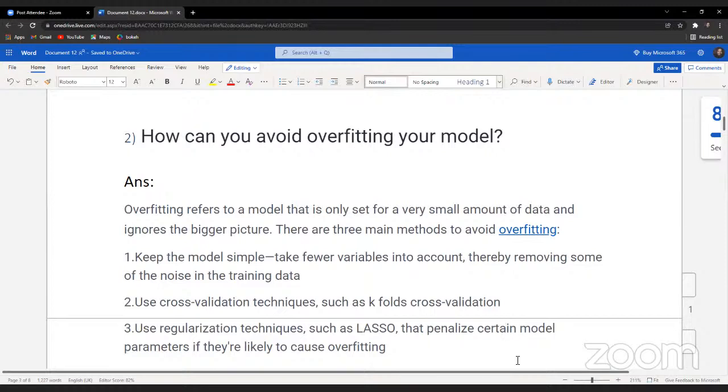There are three main steps to avoid overfitting. The first is to keep the model simple, which means take fewer variables into account, thereby removing some of the noise in the training data. Which means in the model you have to take only a small number of variables.